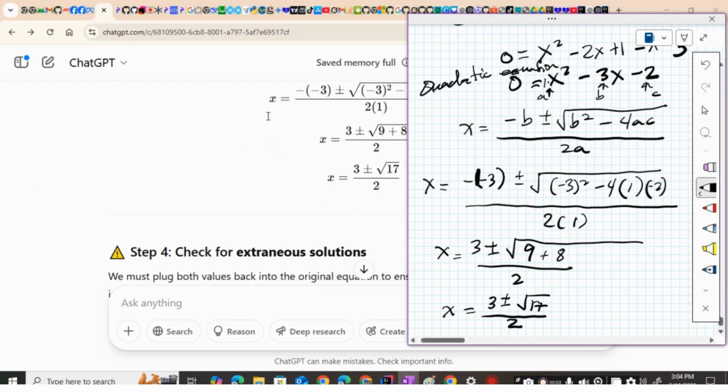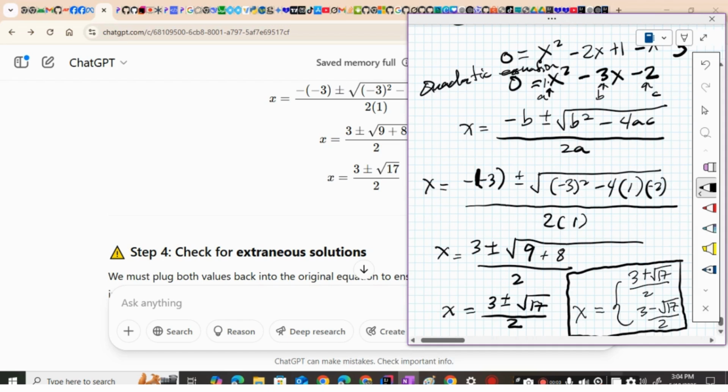And as provided by ChatGPT, that is indeed the answer. So our roots are 3 plus the square root of 17 over 2, and 3 minus the square root of 17 over 2. So that's our solution and that's our answer.